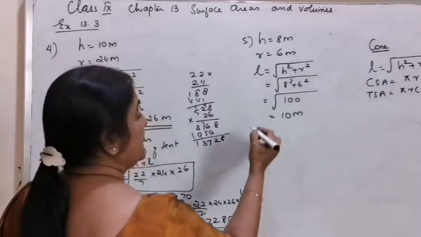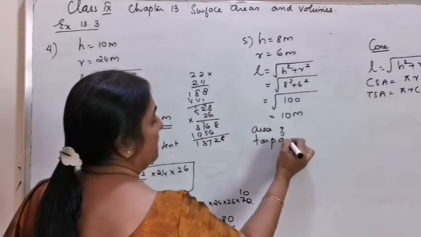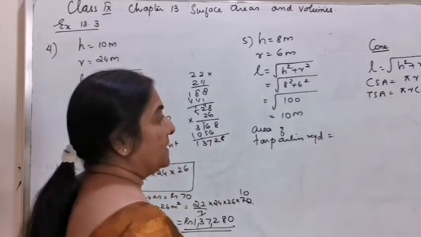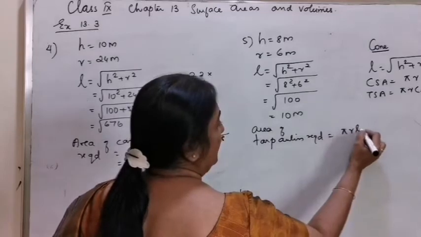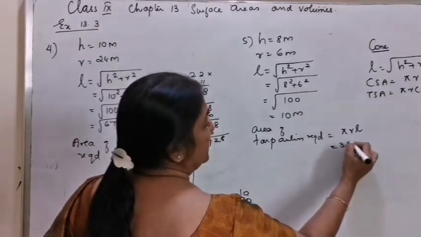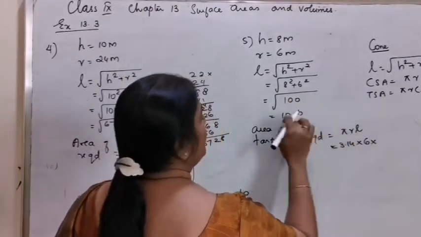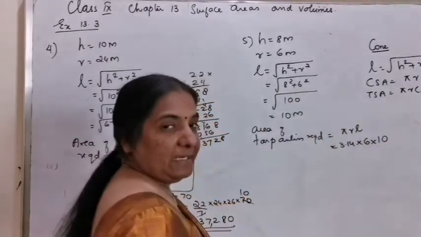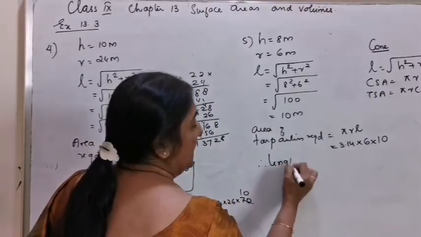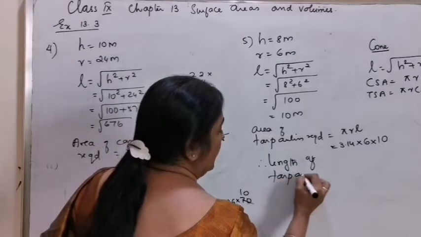Now, what is the area of tarpaulin required? Area required is equal to the curved surface area pi RL. Use pi as 3.14. It is mentioned in the question. So 3.14 into 6 into, it is given as 10. Now, immediately, what is the length of tarpaulin?